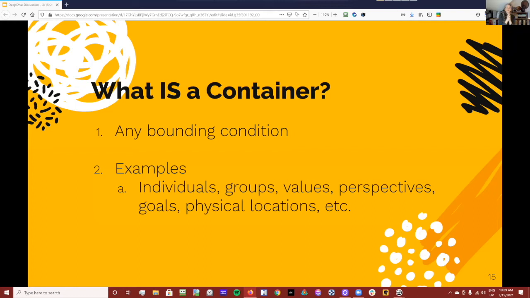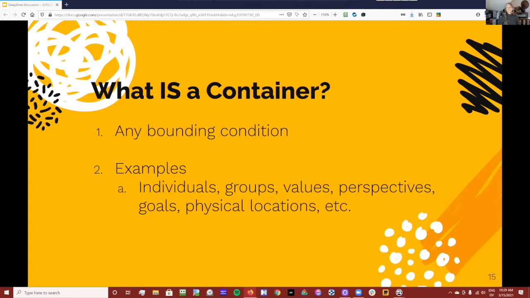Examples of a container are individuals. In the HSD network, Glenda is a container. She's a magnet and she knows everybody.